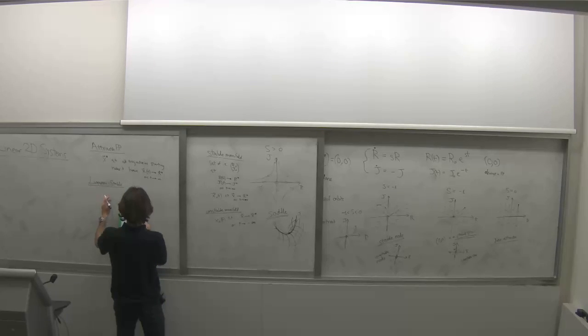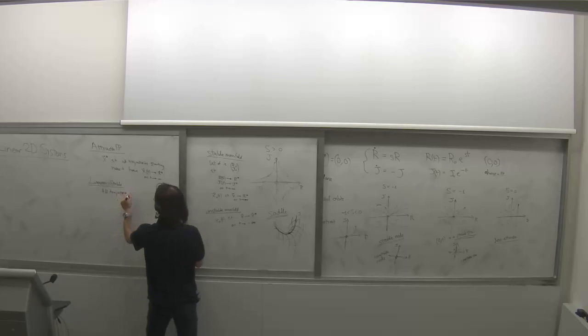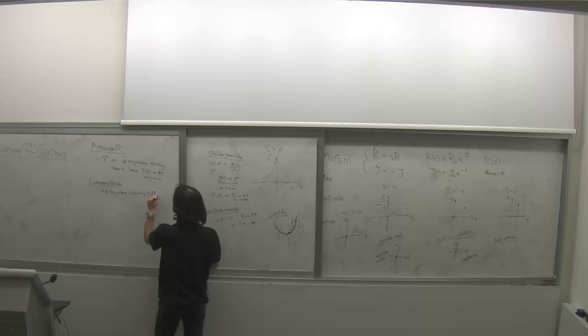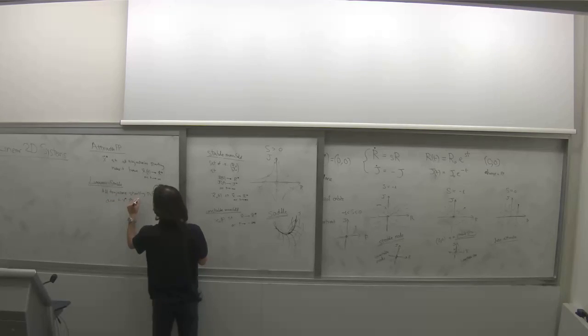Here we say that all trajectories starting sufficiently close to the fixed point stay close to it.